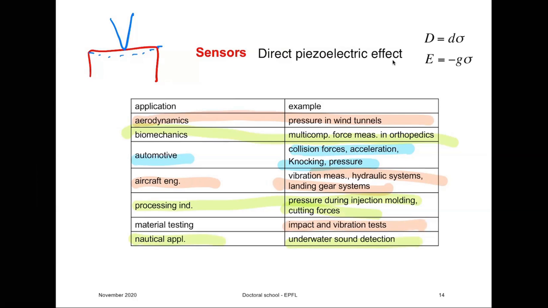Now, the word transducer: any sensor and any actuator is a transducer, because they transform mechanical energy into electrical, or electrical into mechanical. Transducers do the same, but they work at high frequencies, very often at a resonance frequency, and that's a little bit different. So we will talk about sensors, actuators, and then at the end of the course, transducers. Some transducers can be used as sensors. These are just names.